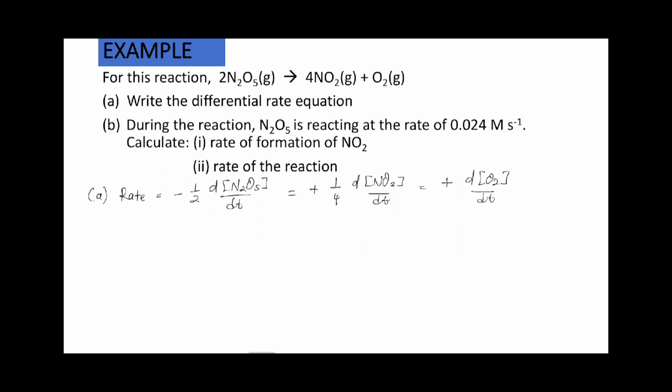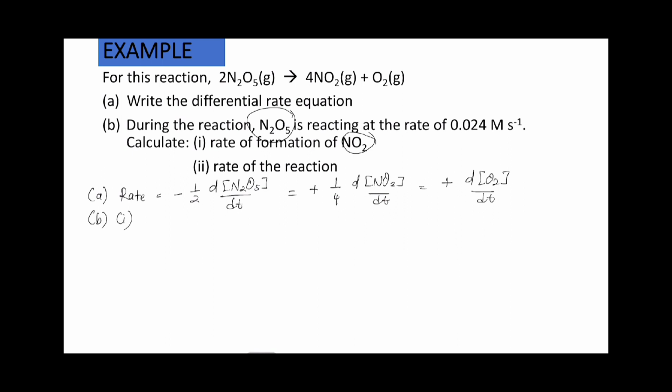During the reaction, N2O5 is reacting at the rate of 0.024 molar per second. The question: calculate the rate of formation of NO2. The question gives us information about N2O5, but it is asking about NO2.